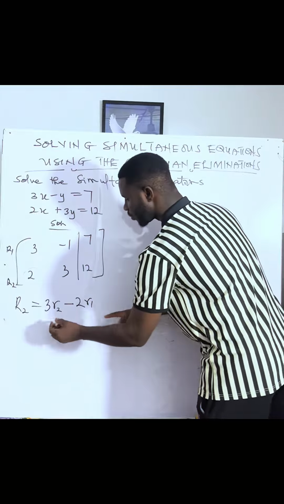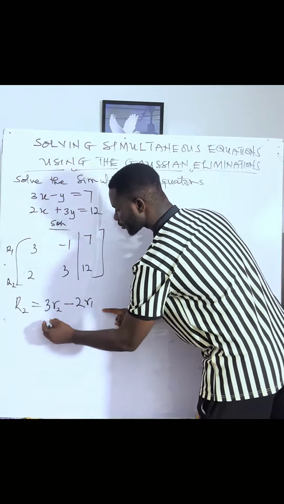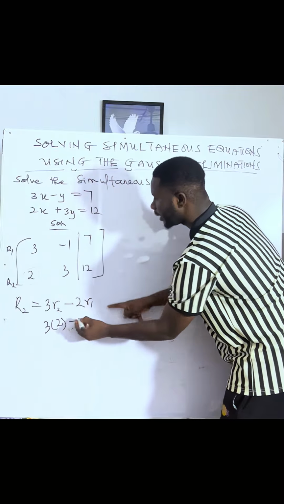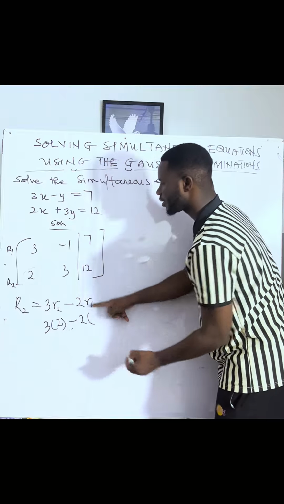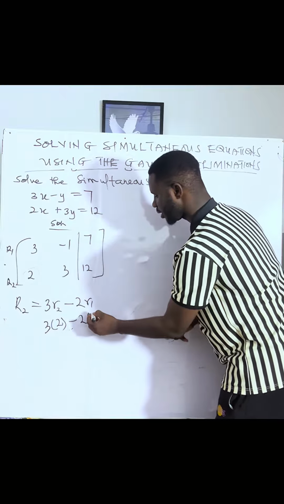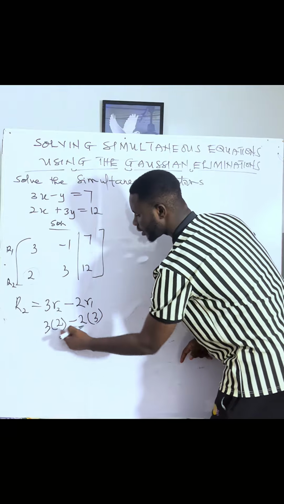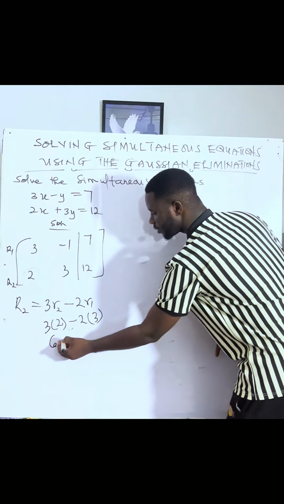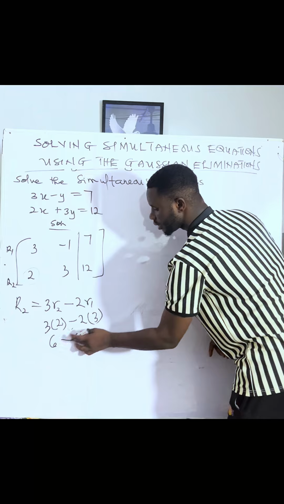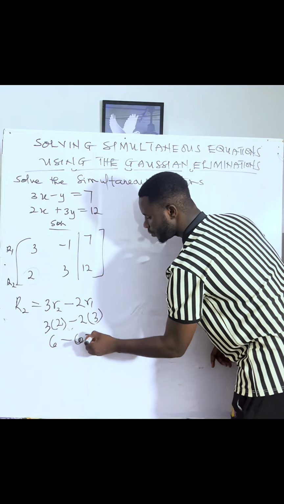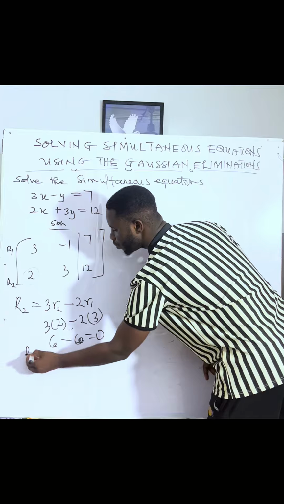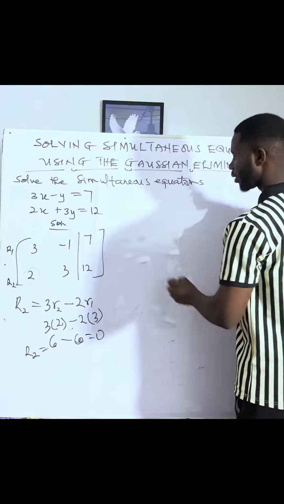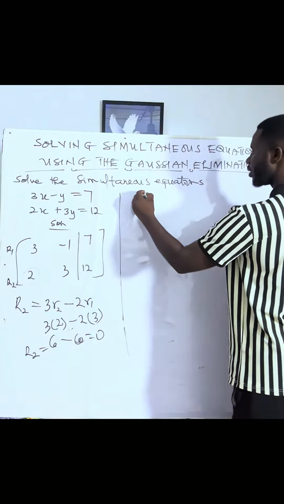Now we are going to get 3 times the row 2 here, so 2, minus 2 times the row 1 here, that is 3. So 3 times 2 will give us 6 over here. Then 6 minus 6 will give you 0. So now our row 2 over here is 0.